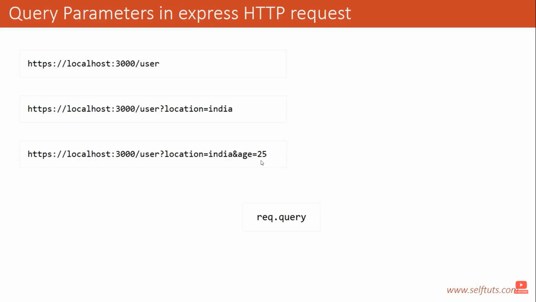So here after the question mark, there is one key, that is location, which has a value of India, and the age is there, which has a value of 25. So what does this mean? That you want to find the users whose location is India and the age is 25.